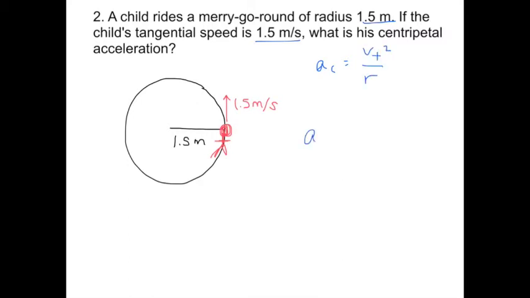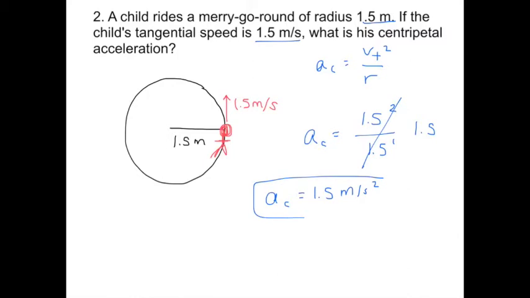Now we can plug in our numbers. We have a tangential speed of 1.5 meters per second, so we square that, divided by 1.5. And as you can see, if we're squaring 1.5 on the top and we have 1.5 to the first, this is all going to cancel out to equal 1.5. So the centripetal acceleration will come out to 1.5 meters per second squared.